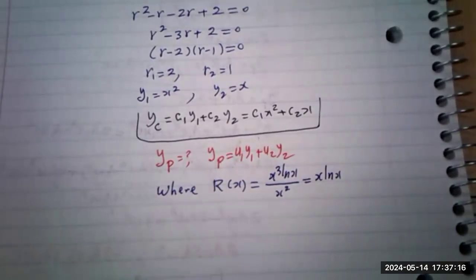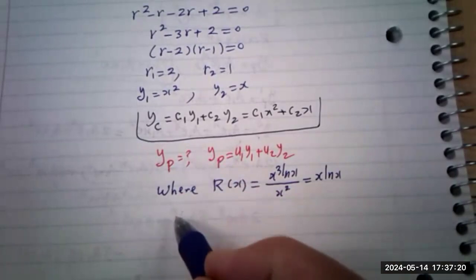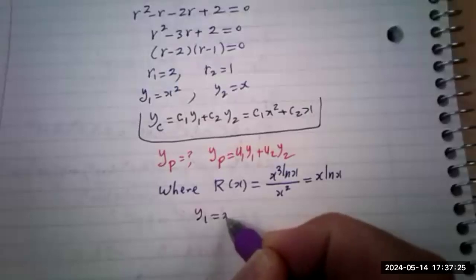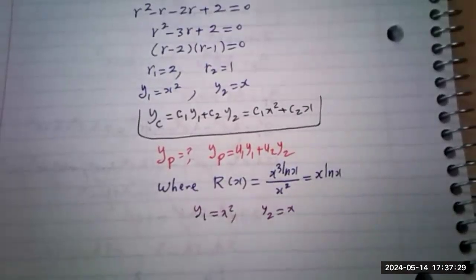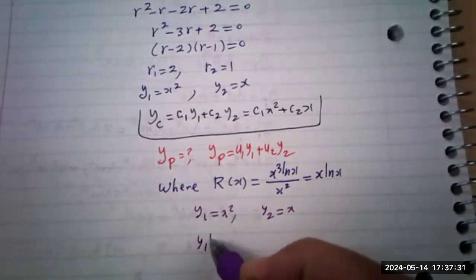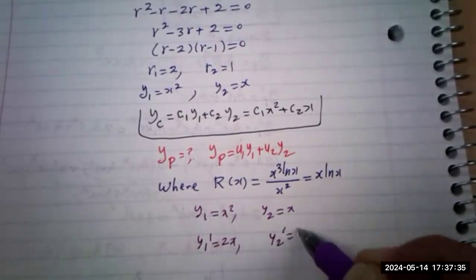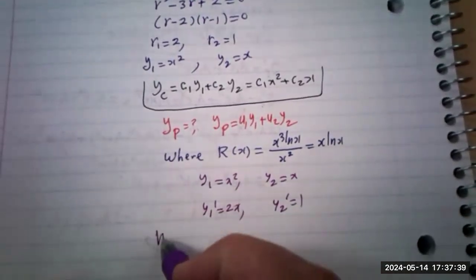Now we form the Wronskian. Start with picking y1 and y2. We already got y1 equal to x squared and y2 equal to x, so y1 prime is 2x and y2 prime is equal to 1. Let's multiply to get the Wronskian.